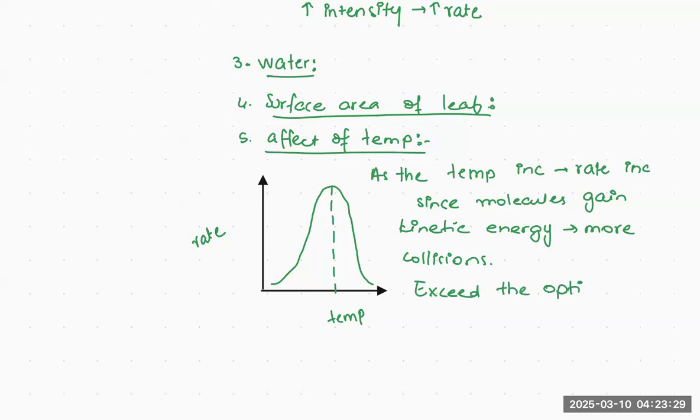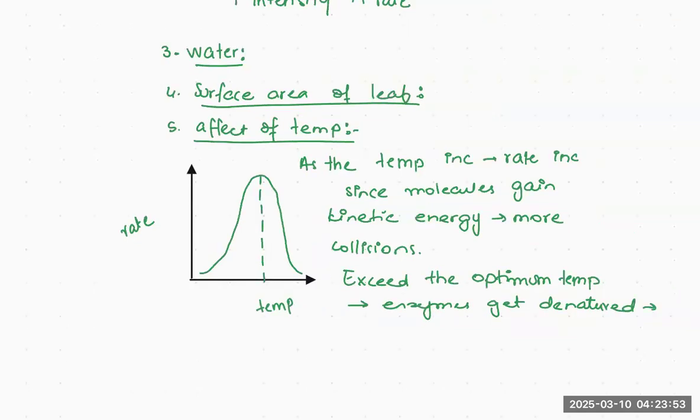The enzymes will get denatured, and as the enzymes get denatured, the rate of reaction will decrease. So these are the factors that will be affecting your rate of photosynthesis.